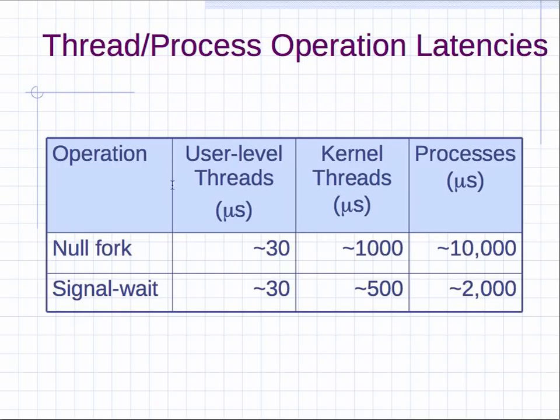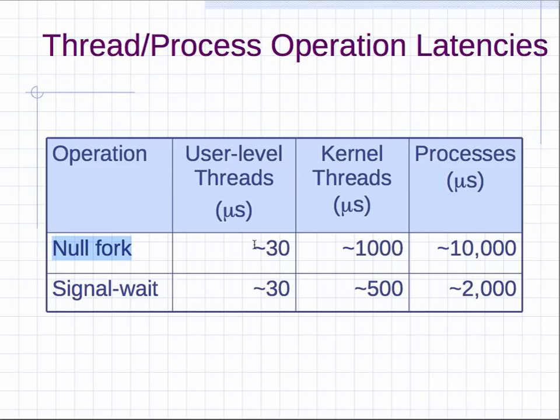Okay, so let's take a look at how much time you need to do, for example, a null fork. I'm sorry, let me just back up. When I say null fork, all that means is how much time it takes to start up a thread. So this is not the same as the fork function call that we've been using in Linux. This is actually a fork that says start up this new thread and don't do anything, just exit.